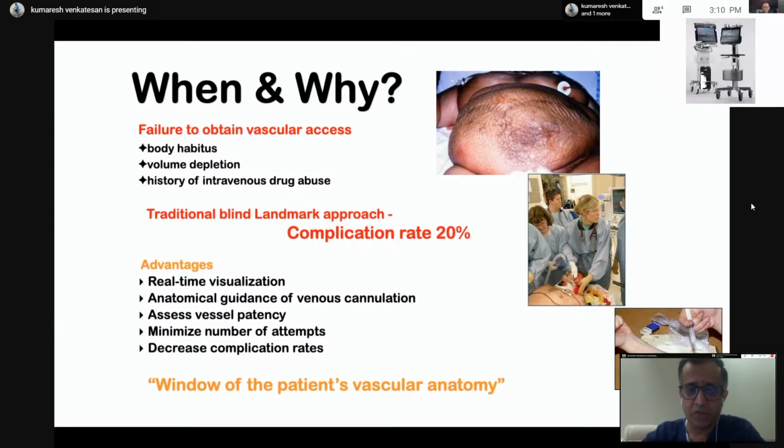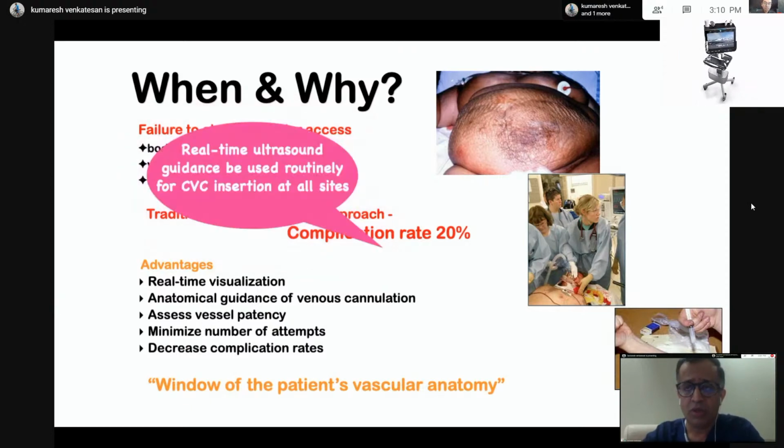We were able to see the vessels, whether they were patent or not, and thereby minimize the attempts to perform the procedure and reduce the complication rate. So ultrasound provided us a window into the patient's vascular anatomy. From the habit of using it for a difficult patient, we now recommend the use of ultrasound for all vascular access procedures, the central venous cannulations.